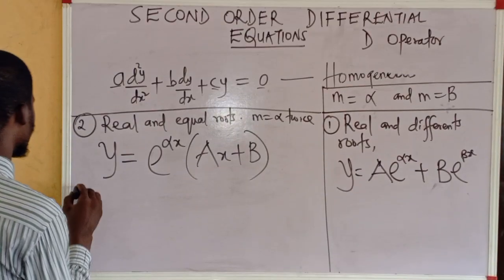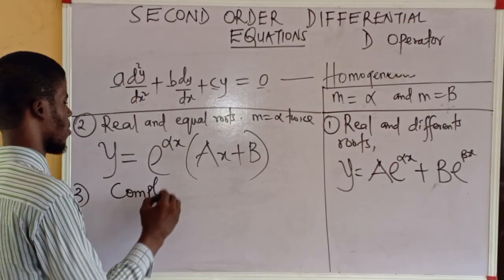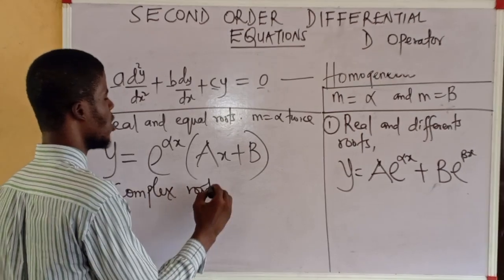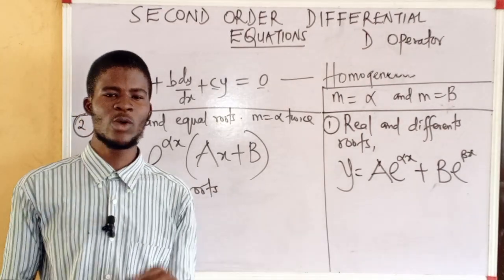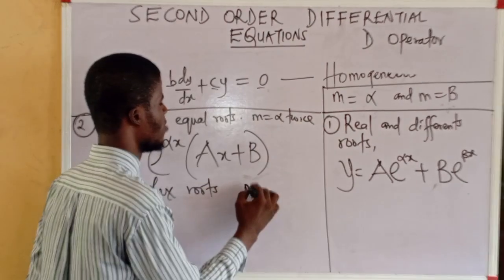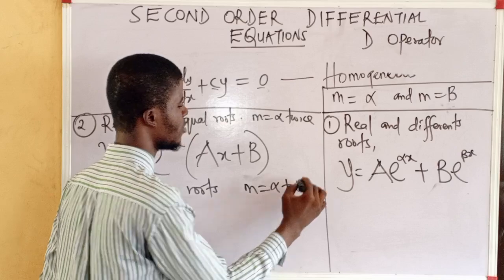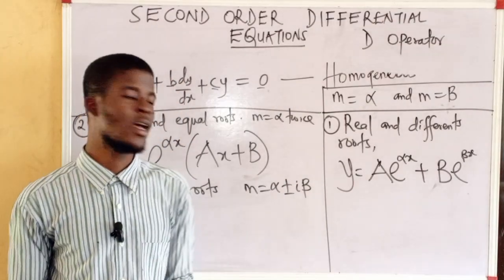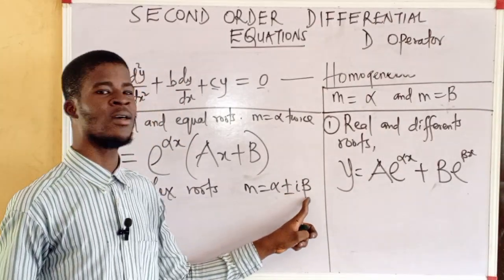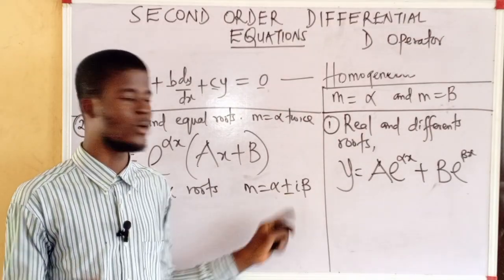This is the third case. You can have complex roots as well. If the auxiliary equation produces complex roots, let's say m equal to alpha plus or minus i beta. This is a complex number. That's alpha plus i beta or alpha minus i beta. You get the point?